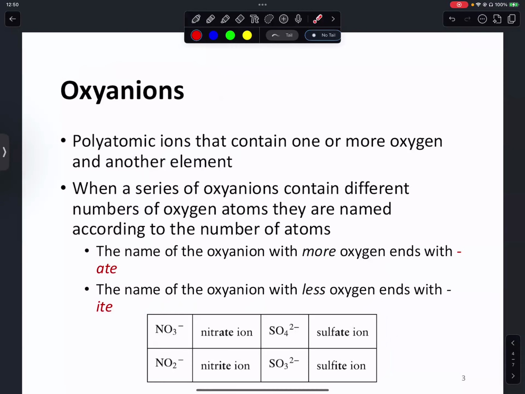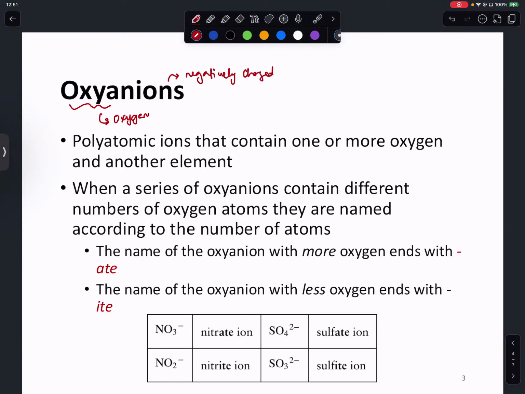A very special group of polyatomic ions are oxyanions. From the name, the word oxy indicates that these anions contain oxygen. And of course, it is an anion, so it will be negatively charged.